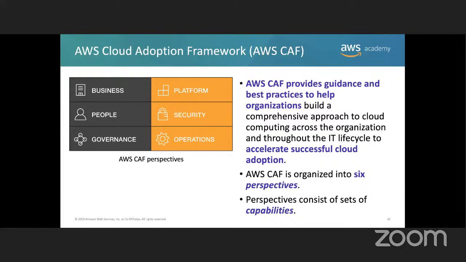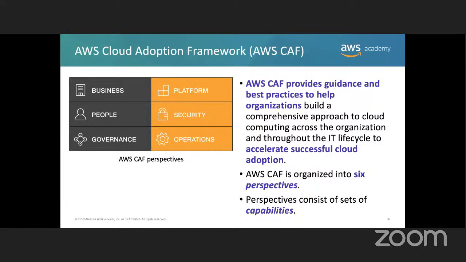At the highest level, the AWS CAF, or Cloud Adoption Framework, organizes guidance into six areas of focus called perspectives. Perspectives span people, processes, and technology. Each perspective consists of a set of capabilities which covers distinct responsibilities that are owned or managed by functionally related stakeholders.